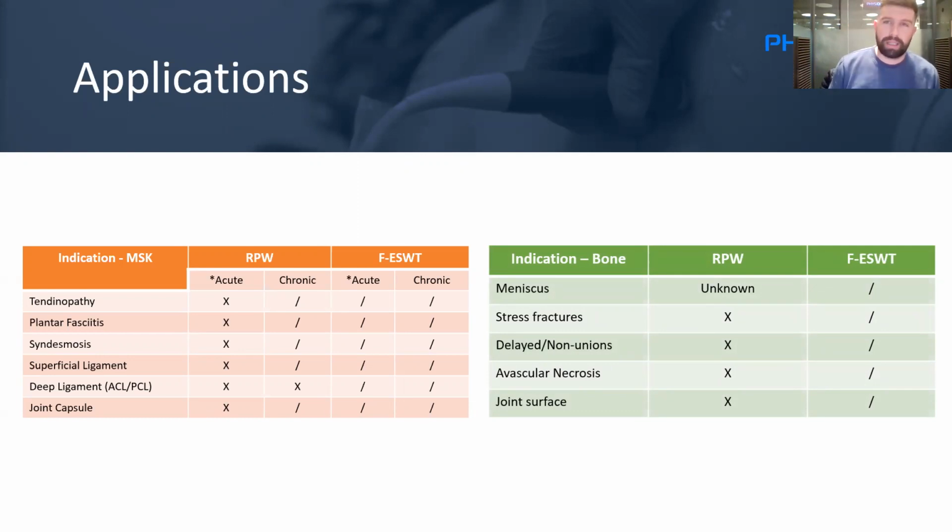Obviously, we're going to look at common indications in this webinar. I think there's some really interesting evidence that's coming around ACL, some joint capsule, and some ligaments as well. As you can see there from a radial perspective, you're limited in what you can treat, whereas focus gives you a lot more options.